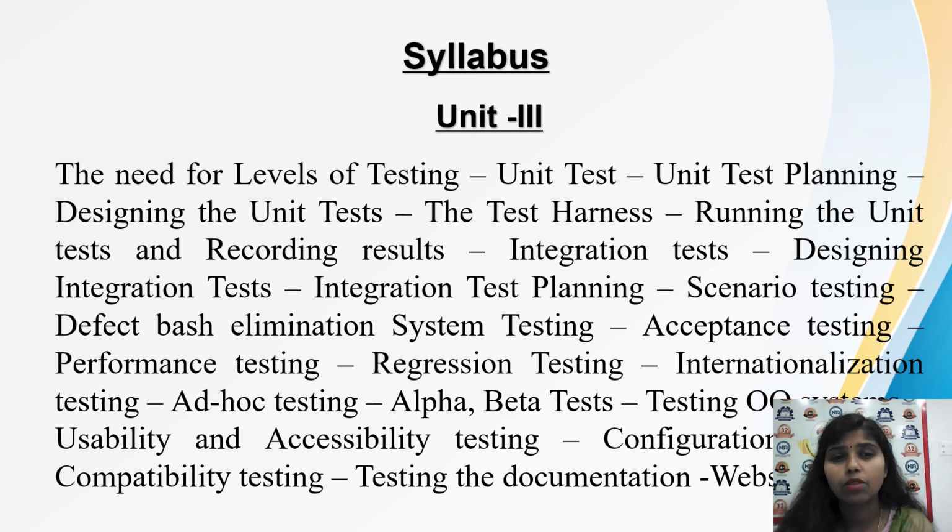In Unit 3, you'll be trying to understand the need for levels of testing. Now, what is the need for levels of testing? There are many tests, of course, in the categories of black box testing and white box testing. So let's take an example of a unit test. Unit test means, as we have seen, a big project which has addition, multiplication, division, subtraction. Now, a unit test is meant for a small unit, let's say the addition unit, which will have only the plus sign as important.